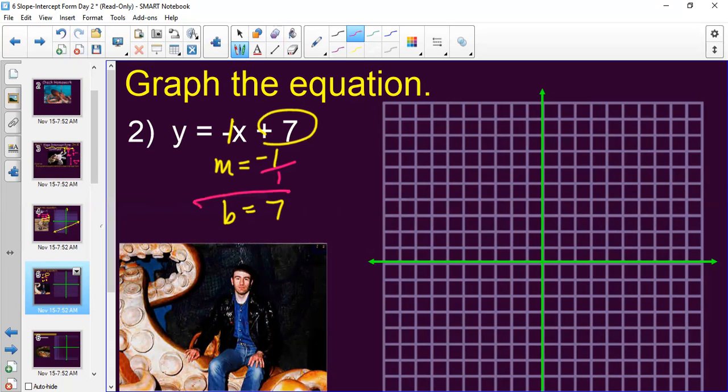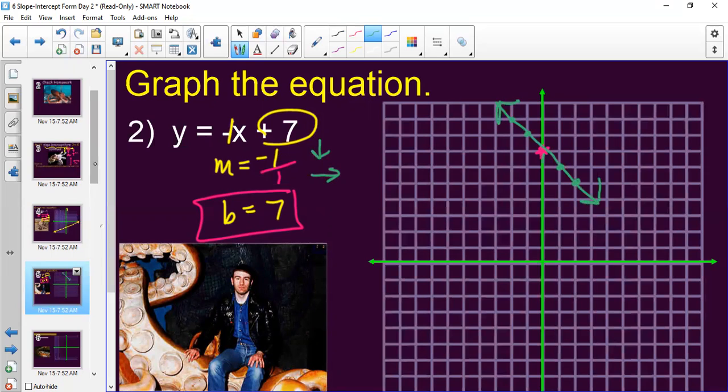Again, we start at our b, so we're going to start at 7. I'm going to put a star there for the starting point. And then we use our slope to go from there. So it's negative, that means down, and the bottom number always to the right. Okay, so down 1, right 1, down 1, right 1. Again, you can also go the opposite, up and left 1, to get a few more points.